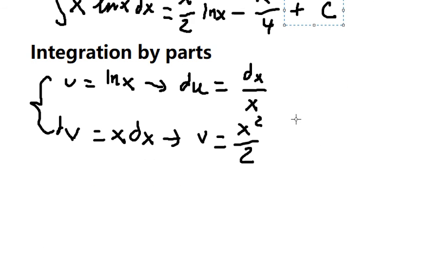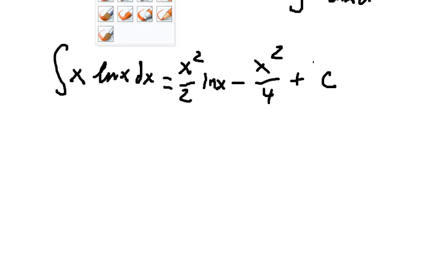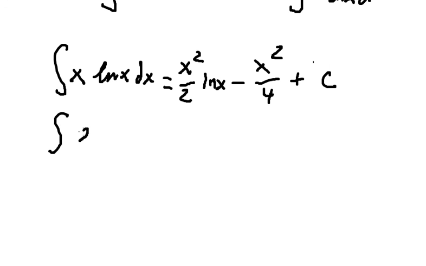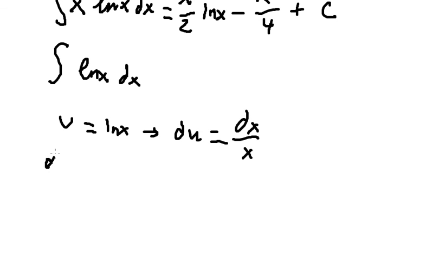Now let's go to this one. We just use integration by parts. So u equals ln(s). We do the first derivative of this one. dv equals ds.